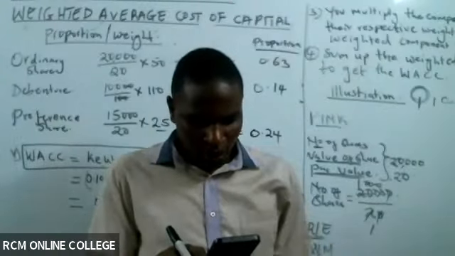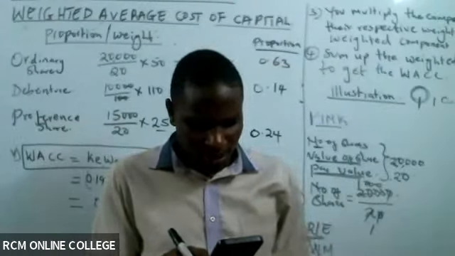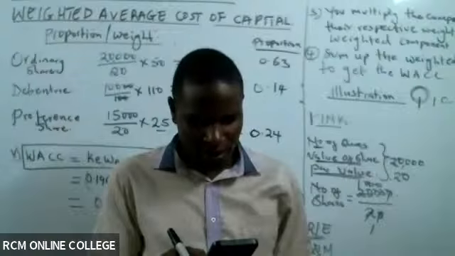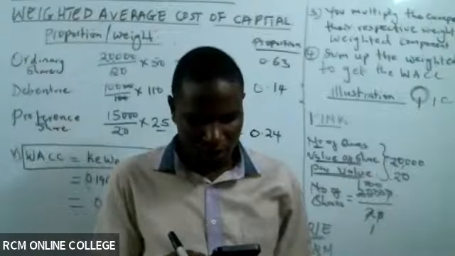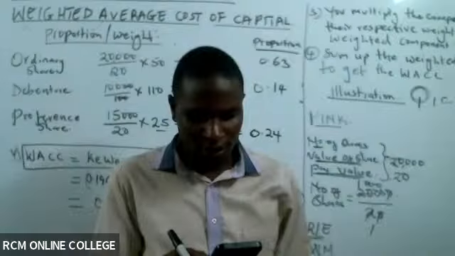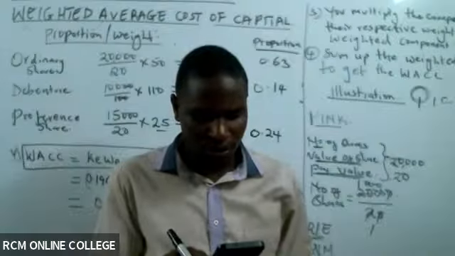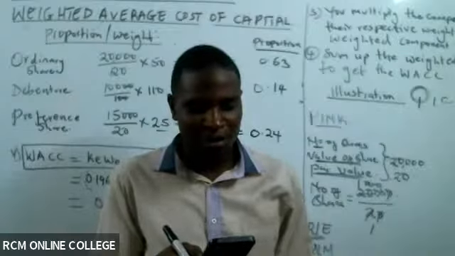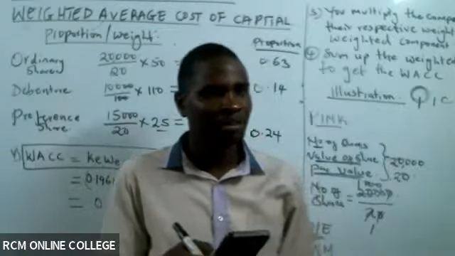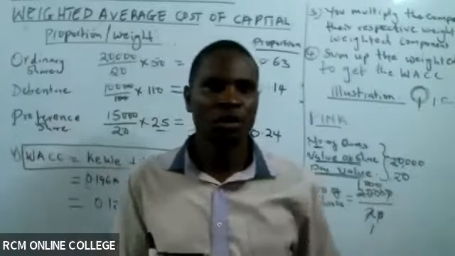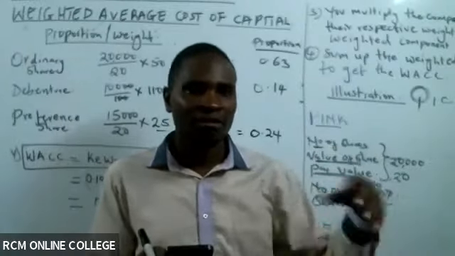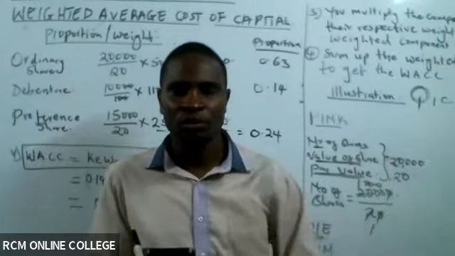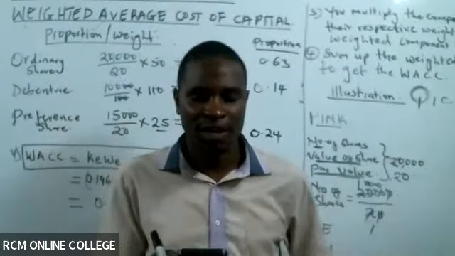Then this is Sunday Limited presented the following extract of the statement of financial position as at 31st October 2016. So we have equity, 5 nominal value. Sasa unaona par value wanakuambia nominal ili uchanganyikiwe. Ni the same. Tutaangalia topic 5 whereby all these par value, nominal value, market value tutaweza kudefine.